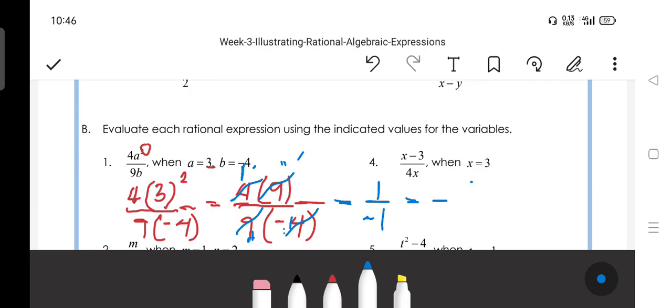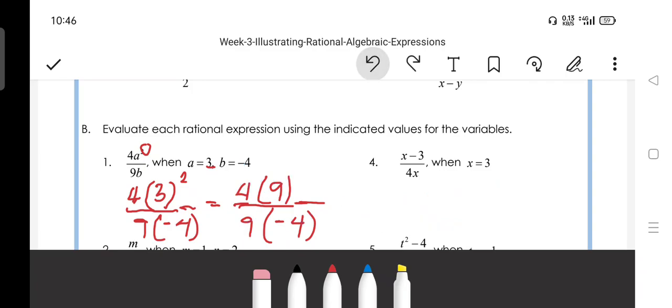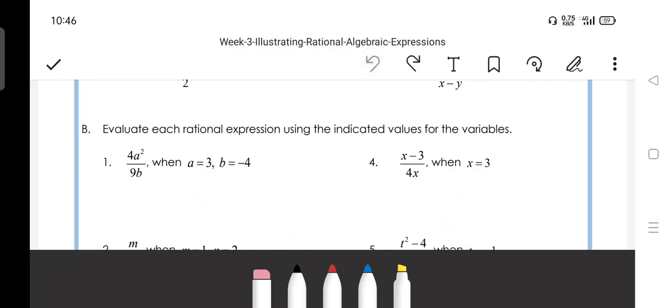So we have -1 over 1, or simply we have -1. Okay, so that's it. So we still have the same answer.